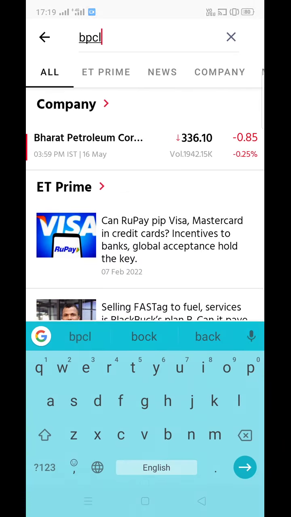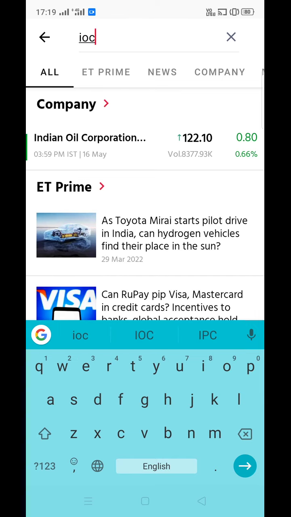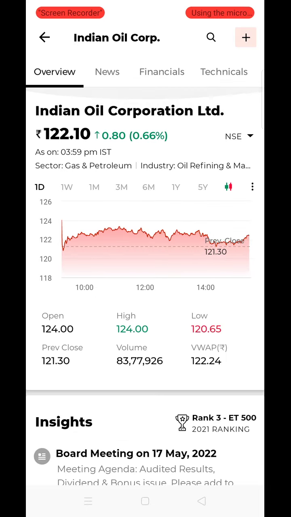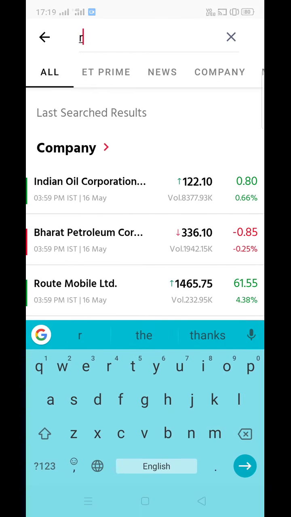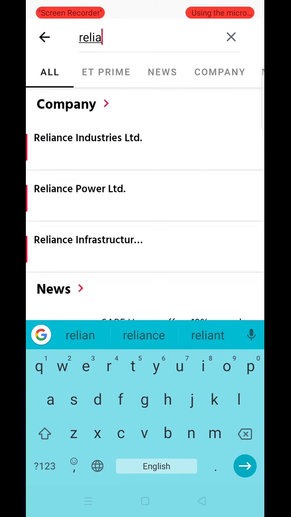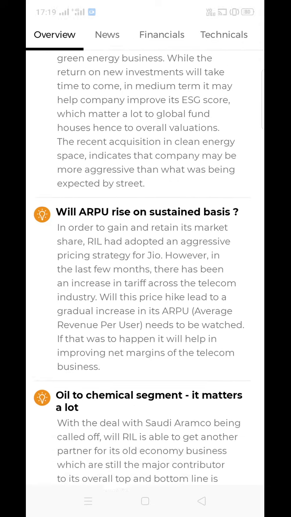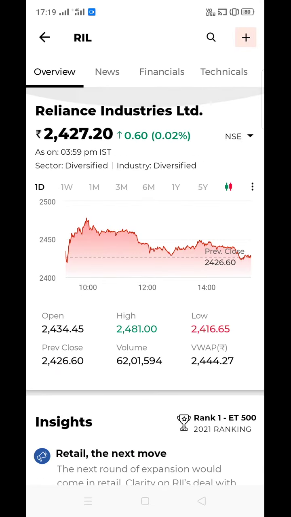So that's how it is. I don't know why it is so cheap, but let's look at another one. IOC 4. So that's how it's going to be. That's a sector that is doing. Let's look at Reliance. So Reliance at 27 looks good to me for such a good name.